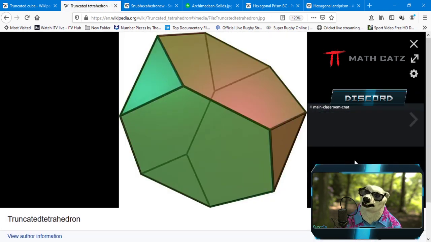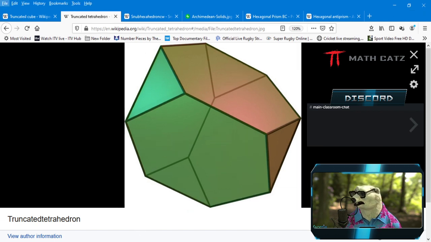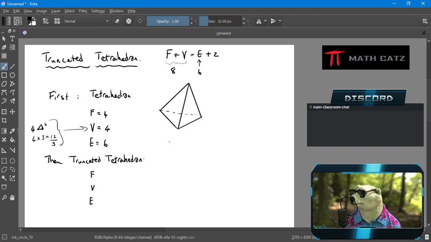Truncated tetrahedron, whew, it's not even the simple one, not the easiest one to look at and draw completely. It's maybe not impossible, but that's not the goal here. The goal is to simply get the properties and understand what is happening to the tetrahedron.